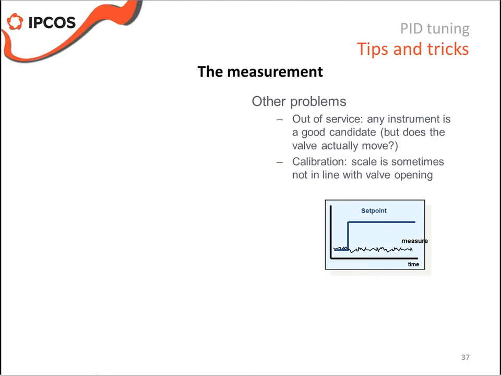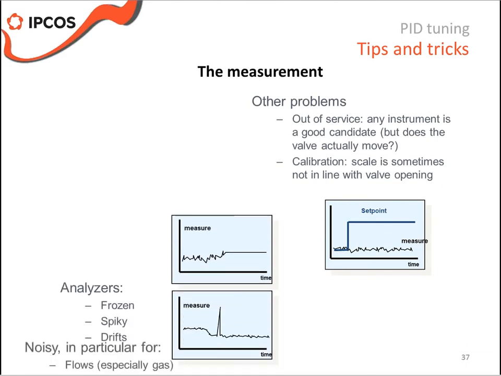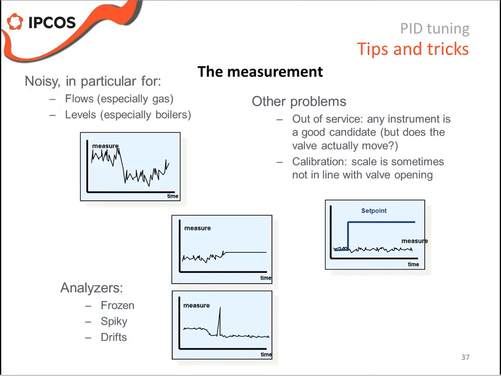Now, when we are looking at tuning, we need to make sure we understand all aspects of the loop. There's the measurement. We need to think about whether the measurement is noisy. If there are analyzers, we need to worry about whether they're frozen, spiky, or unreliable.